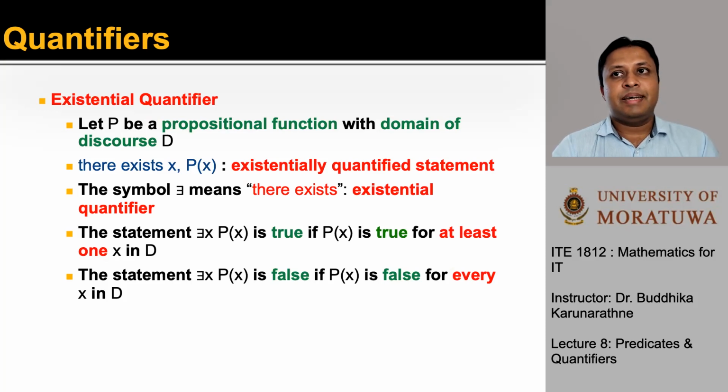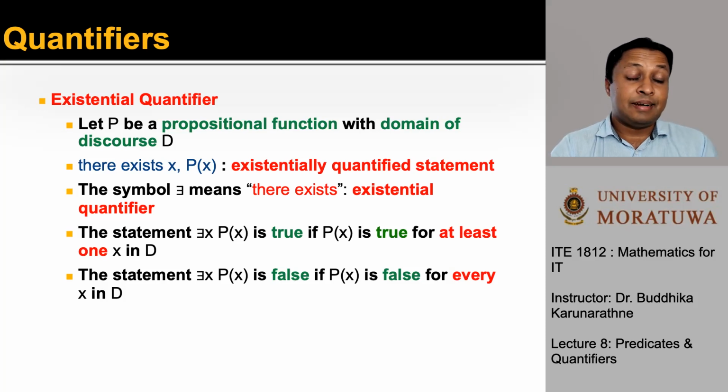The statement there exists x, Px is true if Px is true for at least one x value in D. The statement there exists x, Px will become false only if Px is false for every x in D. It has to be false for every x in the domain of discourse for the statement to be false.